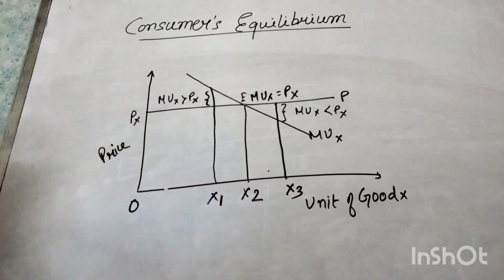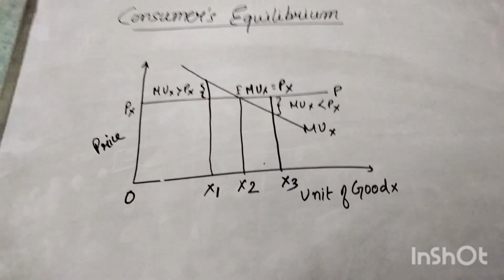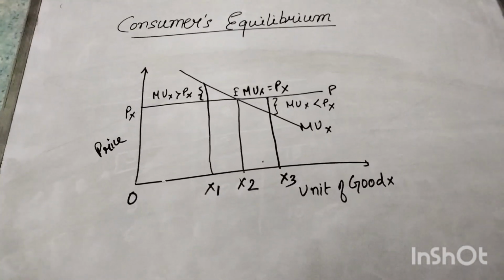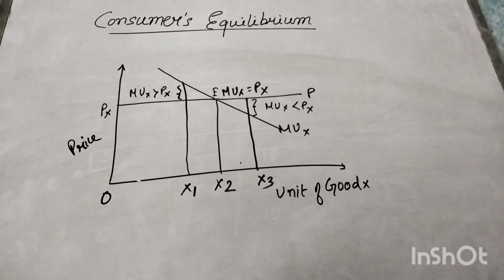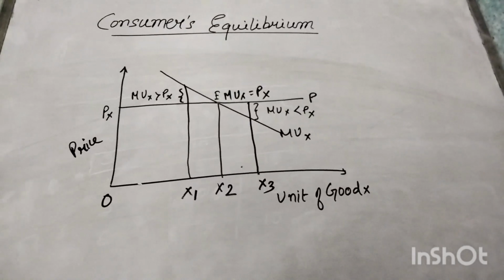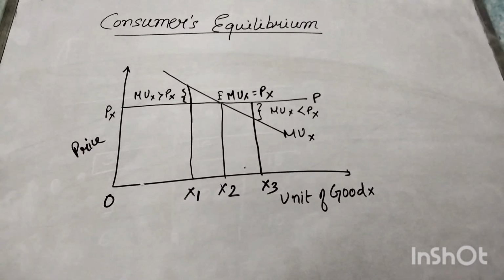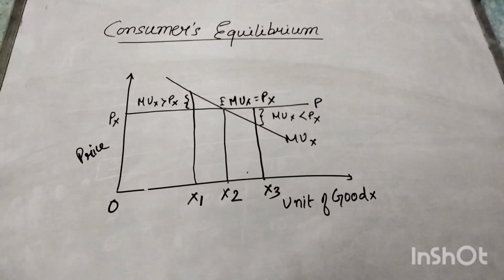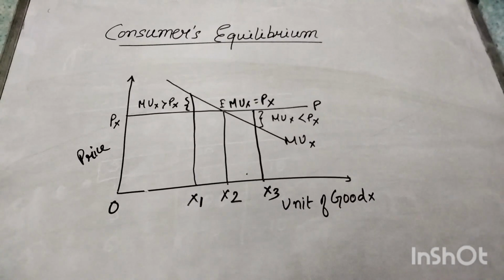That means in this condition, if the price is less than the marginal utility, the consumer will always try to consume more units of the commodity. And if the price is more than the marginal utility, then the consumer will consume less of the commodity in order to increase his total utility.